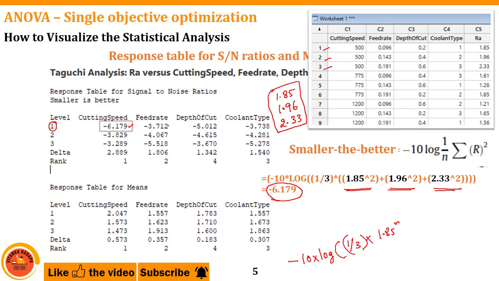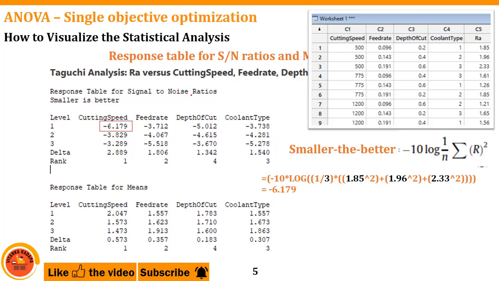Similarly, if I have to go for the second one, that is the feed rate at level 1. Now I will erase all these things. Now my objective is to calculate this one, feed rate at level 1. So feed rate at level 1, where is it there? This one, 0.96, fourth experiment, and seventh experiment, these values are there.